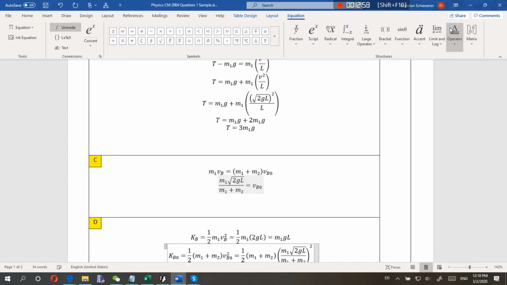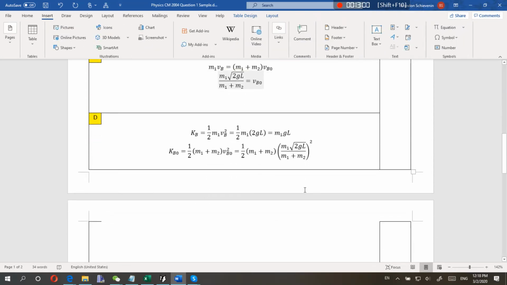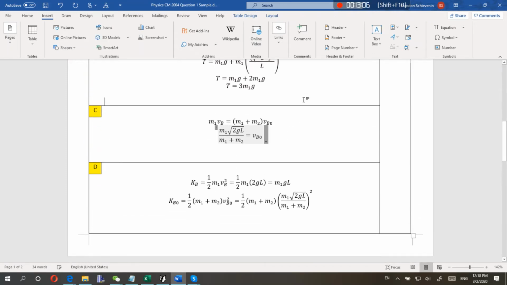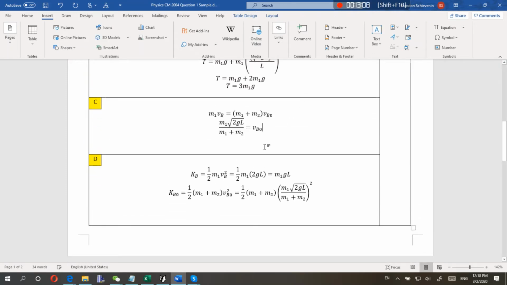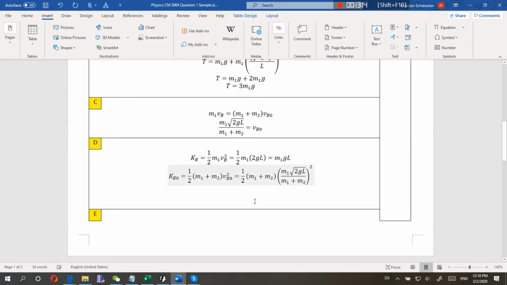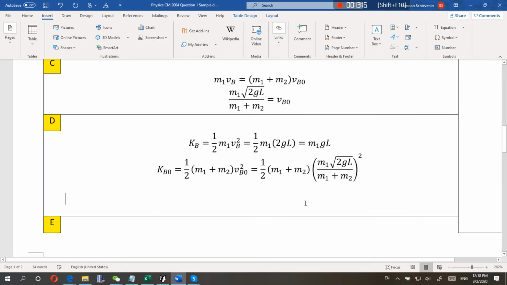Okay, let me zoom out here. Need myself a little bit more space. Okay. So you said one of these is going to cancel. So I'm going to be left with what?